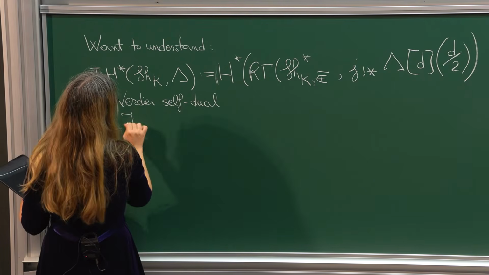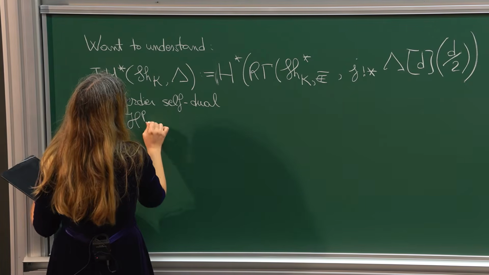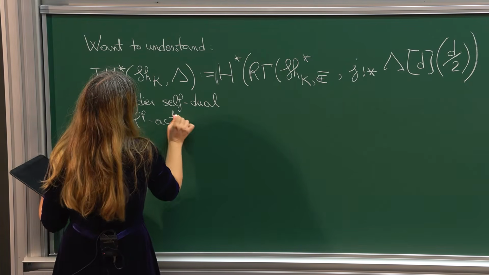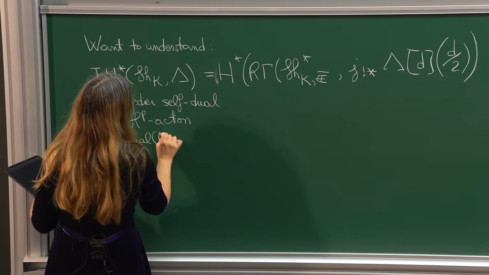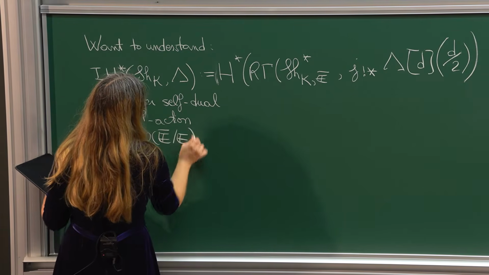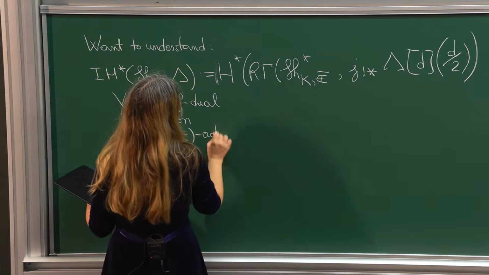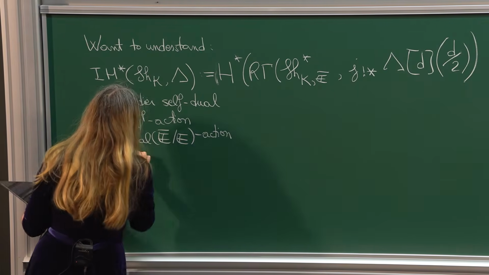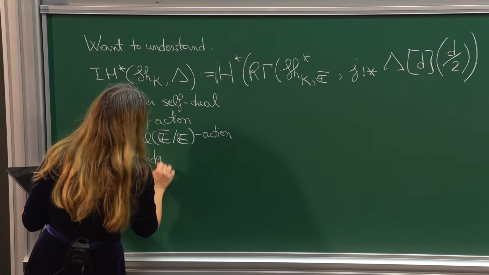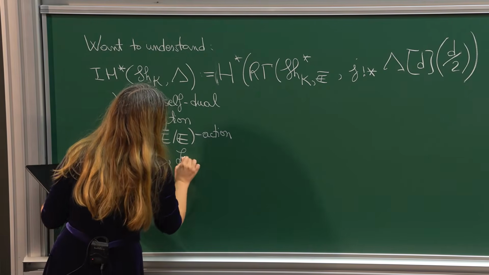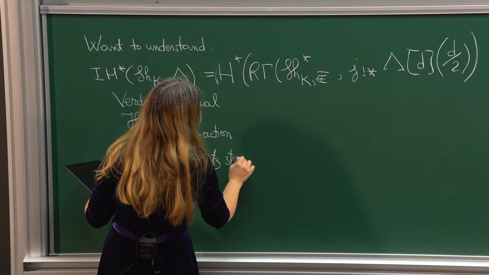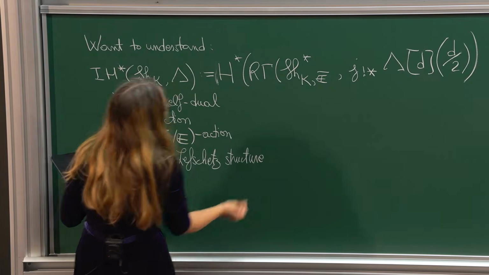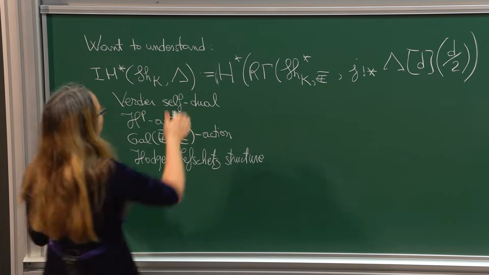It has the same kind of Hecke action away from p that we've seen before. It has an action of the absolute Galois group of E, but it also has a Hodge structure and a Lefschetz structure. I'm particularly interested in the Lefschetz structure.